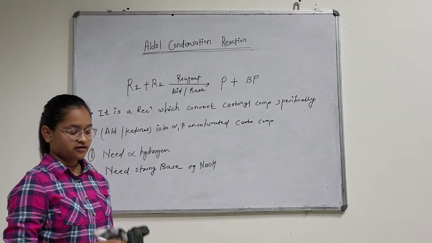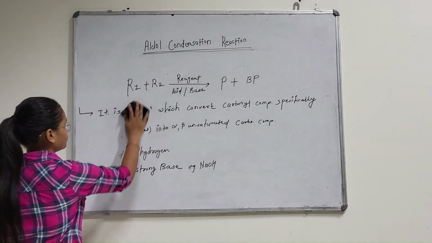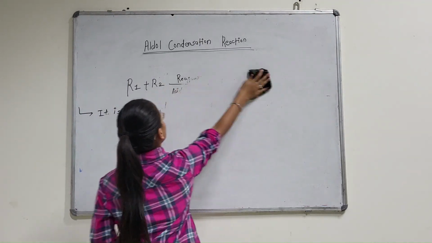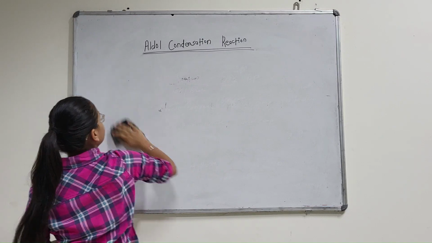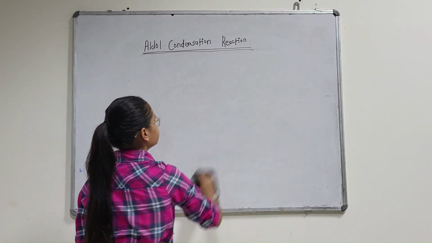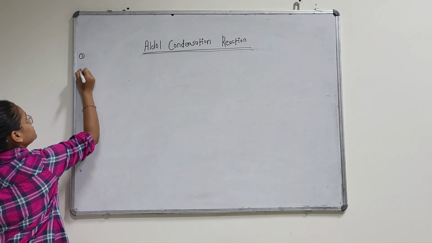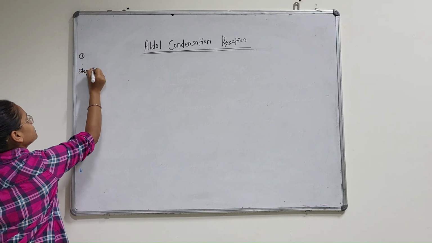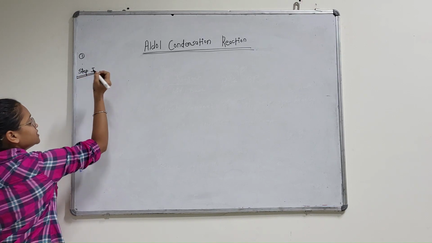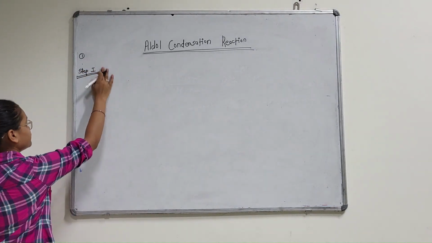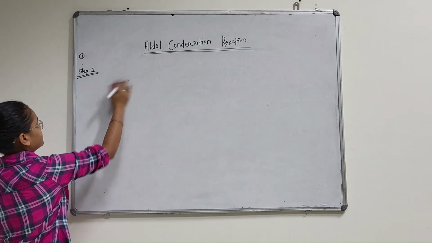So let's see the mechanism of the reaction using a simple example. Step first. There are a total of three steps which we follow in this reaction. In the first step, we take our reactant.